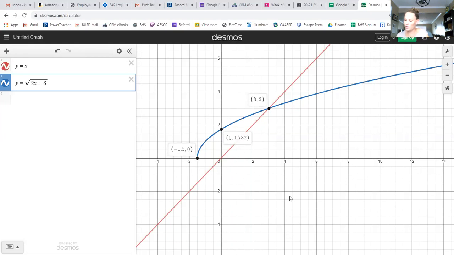I highlighted those points so you can kind of see where they are to graph them.